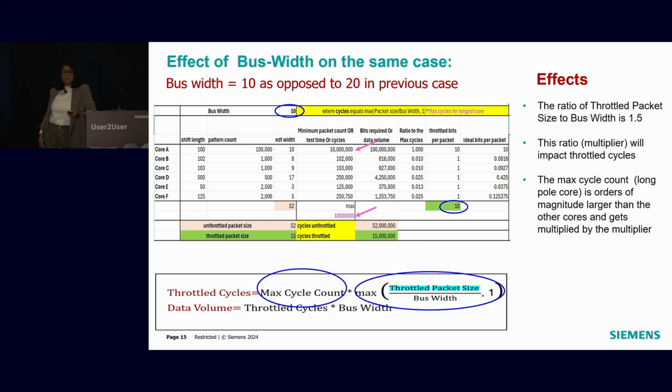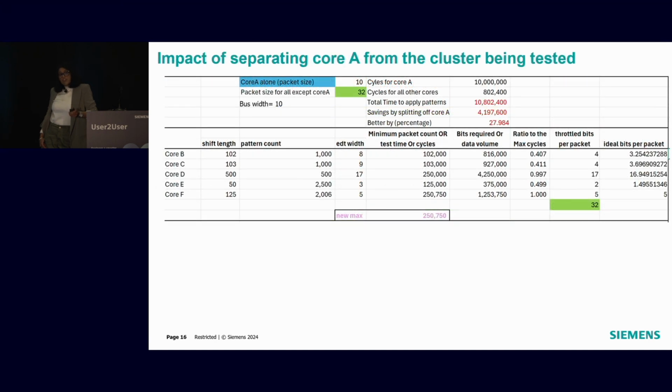So your total cycles now really become 15 million cycles because you are multiplying it by a factor of 1.5. Now, for this particular example, when I reduce the bus width, let's see how separating core A will impact the whole game. It changes the whole game. It changes how this whole magic works.